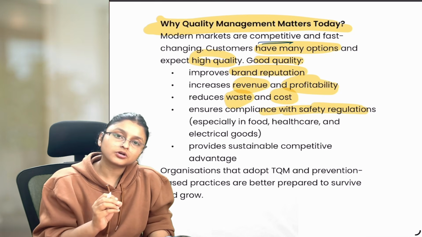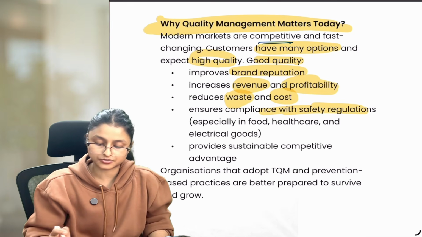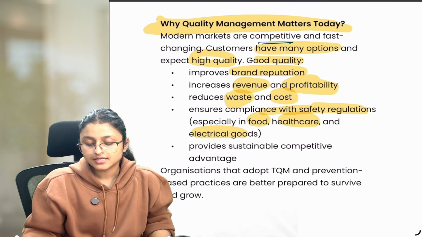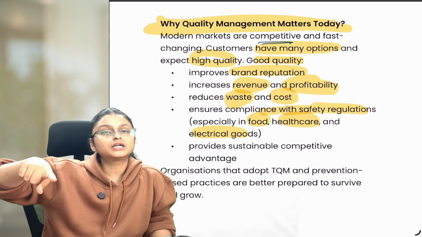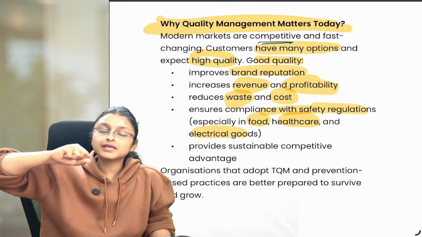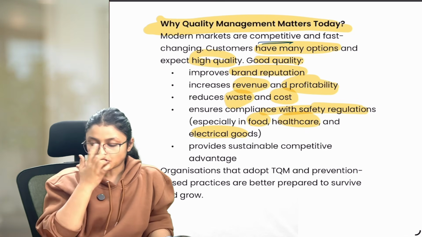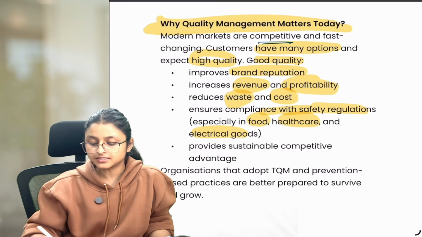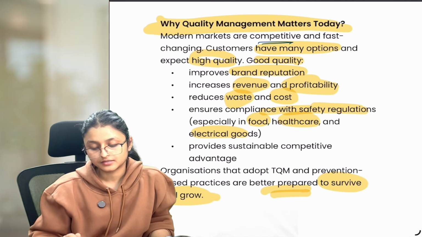If you are focusing on quality, you will also fulfill those regulations, the safety regulations which are there for food, healthcare, and electrical goods. Provides sustainable competitive advantage. You are able to get the competitive advantage also, and that is sustainable. That means you'll be able to retain that competitive advantage in a longer period of time for you. Right? So organizations that adopt TQM and prevention based practices are better prepared to survive and grow. Done.